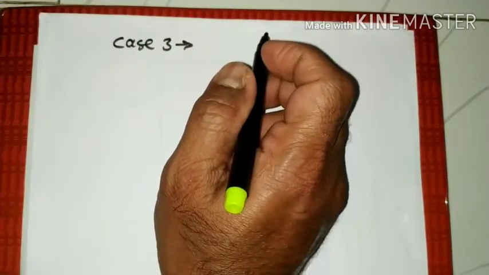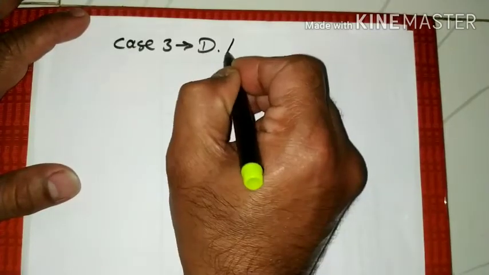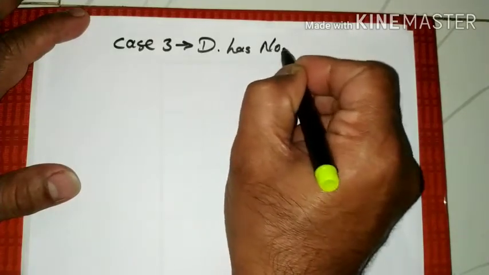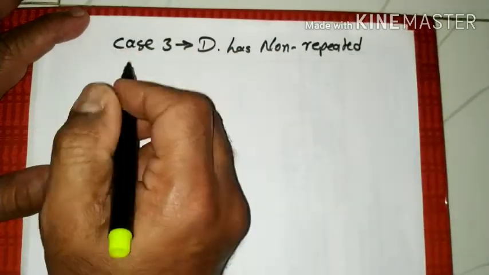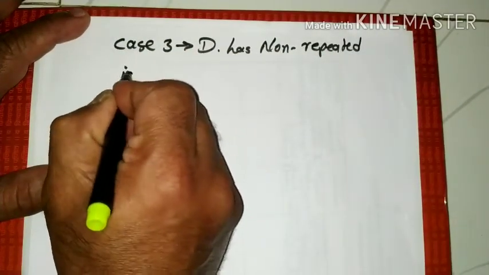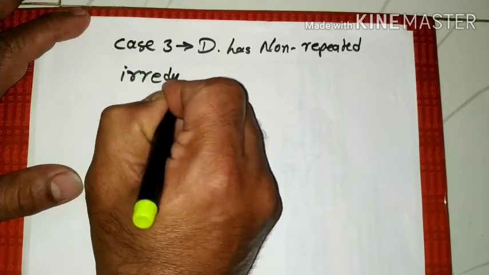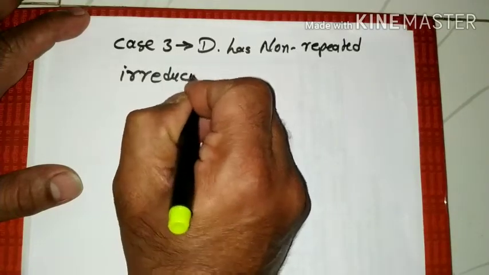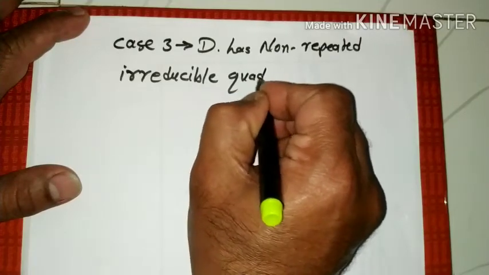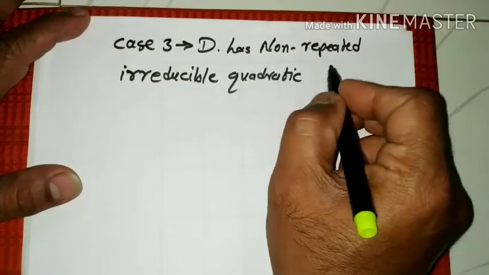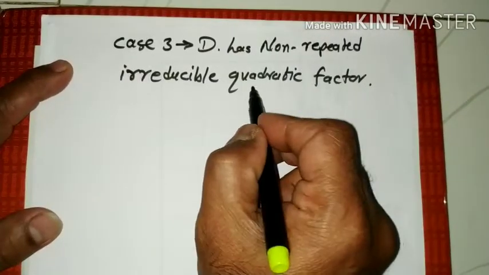Case 3 represents the denominator having a non-repeated irreducible quadratic factor.